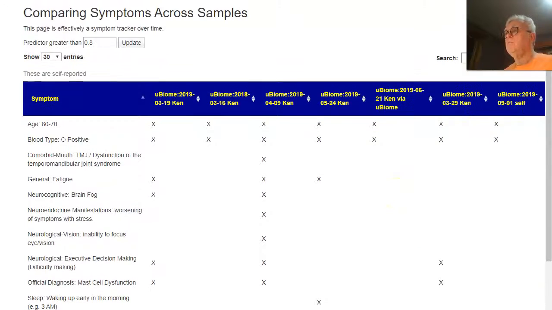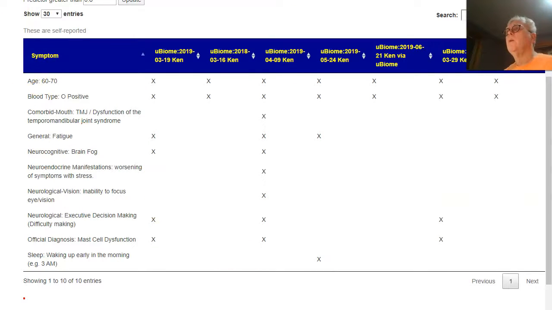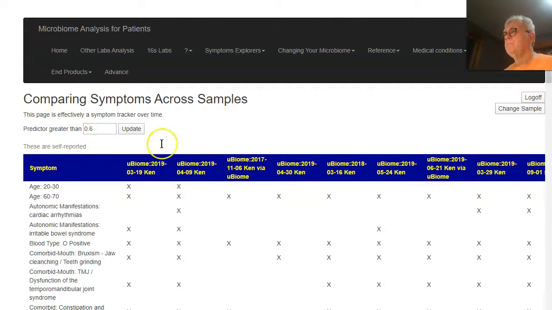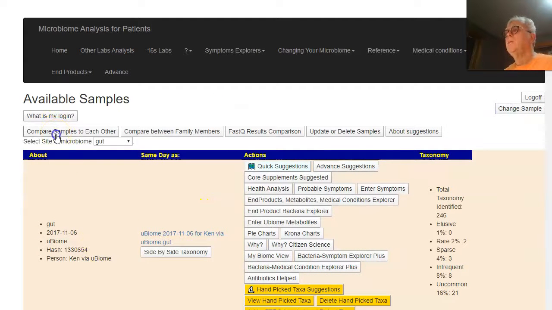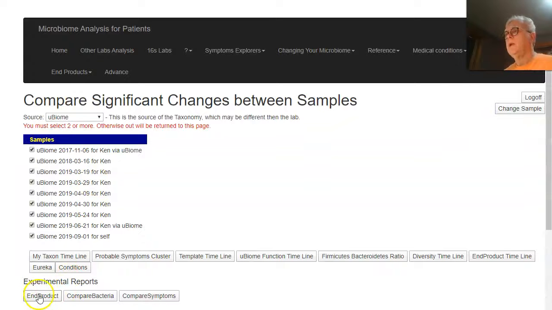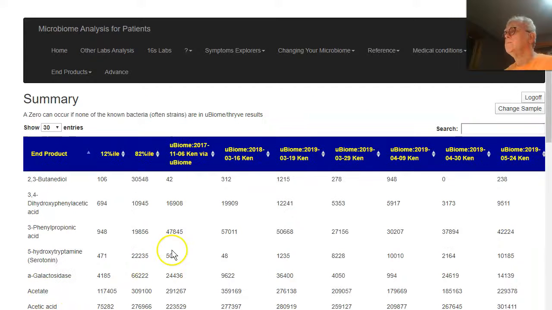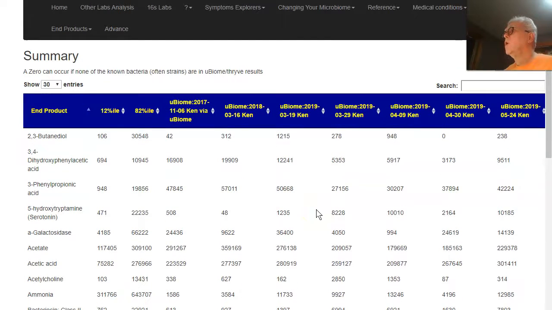And basically it goes across. We can go back to change samples, compare, look at end products, and again I see 2018, 2019.